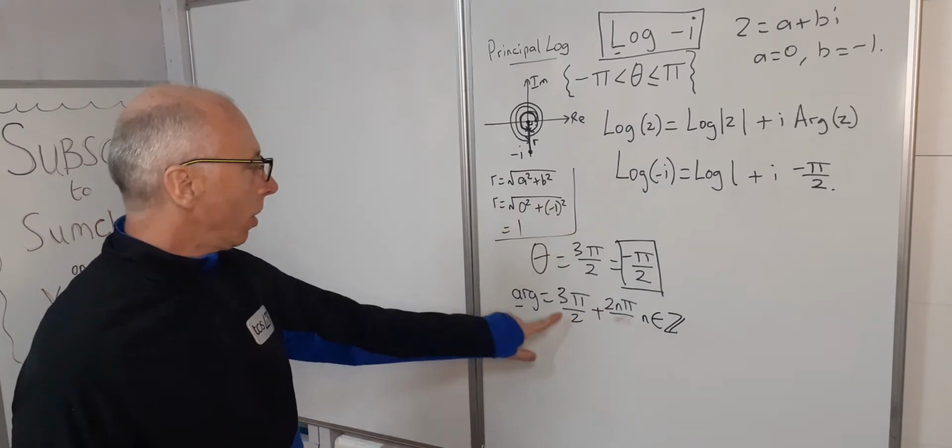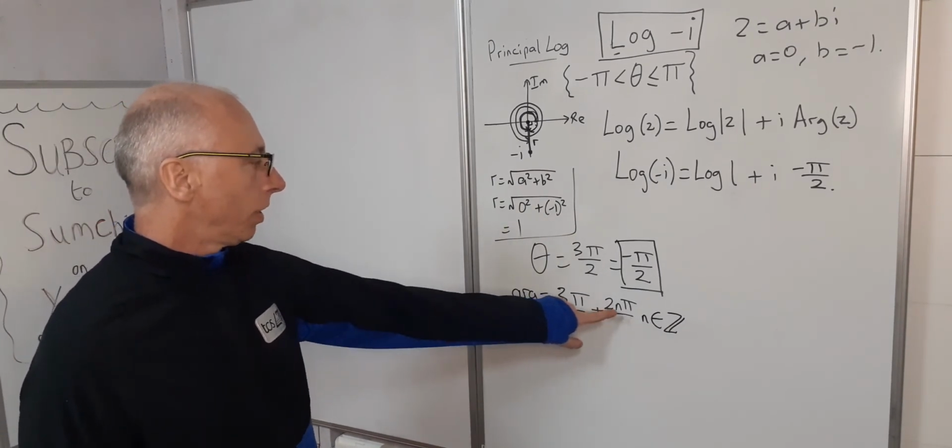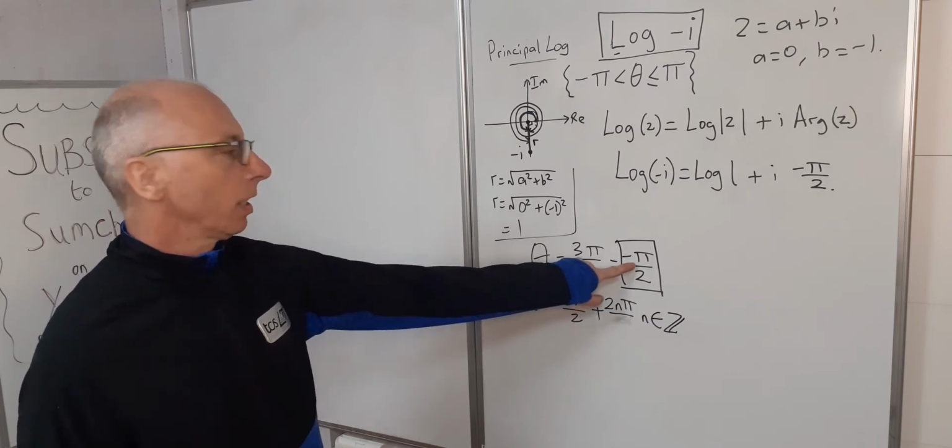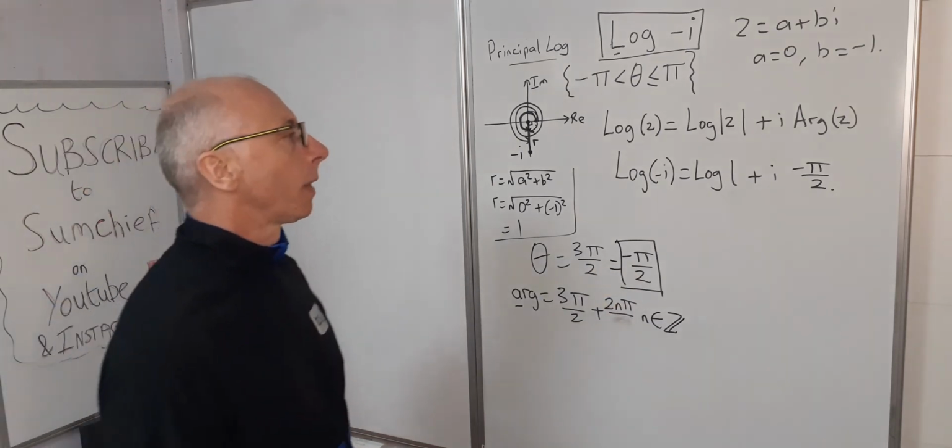So here we're choosing our integer to be minus 1. So that'd be minus 2 pi. So 3 pi over 2 minus 2 pi gives us our negative pi over 2.